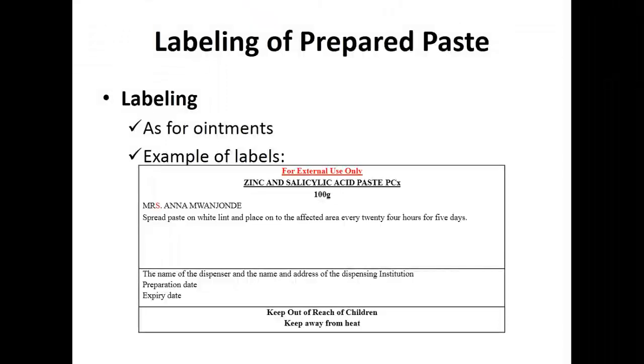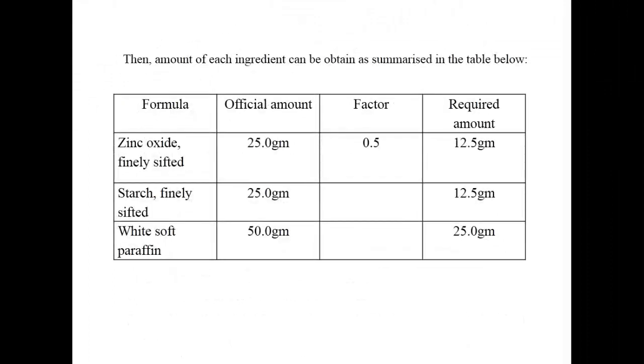Na katika uses of each ingredient kuna uses of starch. Starch inatumika kama, kwanza zinc oxide imetumika as an ingredient. Starch utajaza kwamba inatumika kama nini. Kwa mfano it is used as a vehicle and whatever.